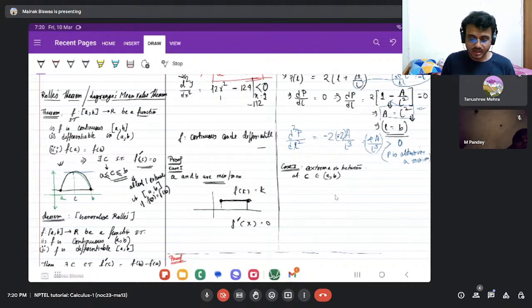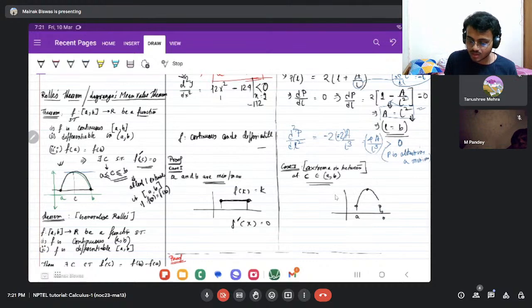Similarly, if it is not constant, then by the extreme value theorem, there will be at least one point where the curve will attain the maximum. Say it is not attaining the maximum at a or b, it will attain it somewhere in between, right?